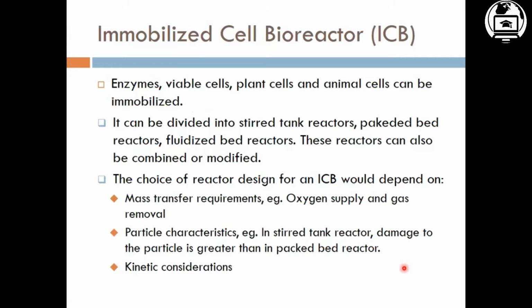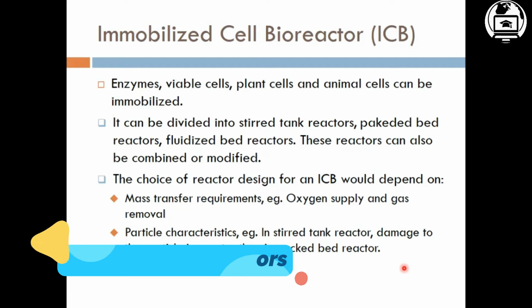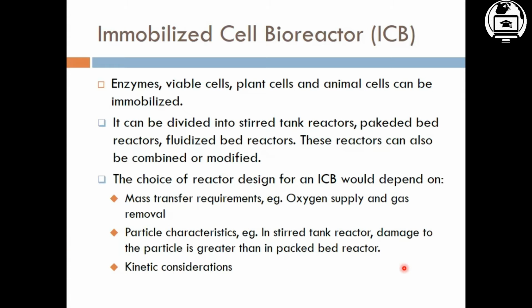These reactors can also be combined and modified. When you immobilize some cell onto a synthetic surface, or on the surface of the fermenter, they become different types of reactors.